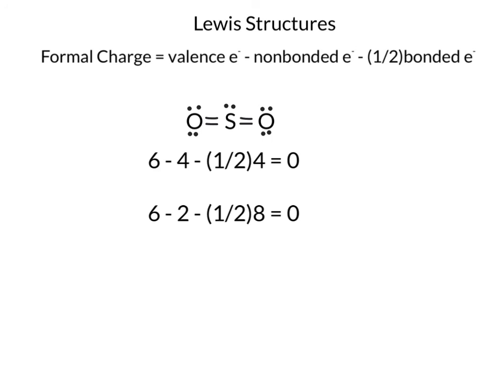Those ones are stuck dealing with the octet rule and have to deal with the formal charges as appropriate. Any of the elements below that, however, those nonmetals below that, like phosphorus and sulfur and chlorine and iodine, these elements can break the octet rule in order to reduce those formal charges to 0.